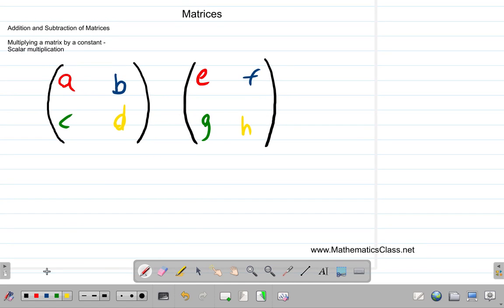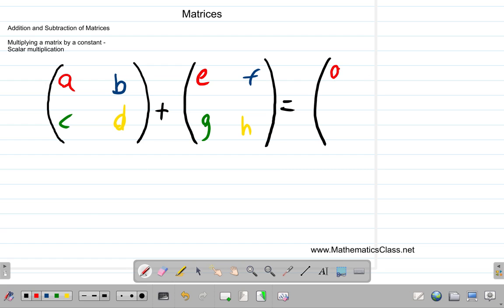And what we're doing, we are adding. What is that equal to? Now remember, when you add two matrices, you must add the elements that are in corresponding positions. So, element in row 1, column 1, plus element in row 1, column 1.